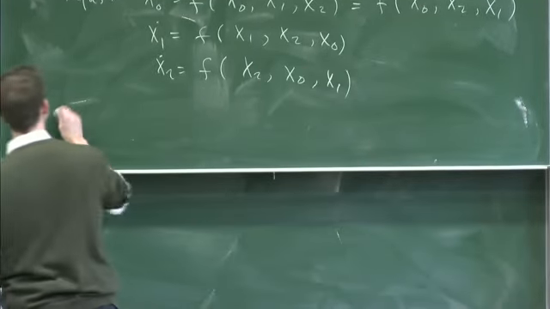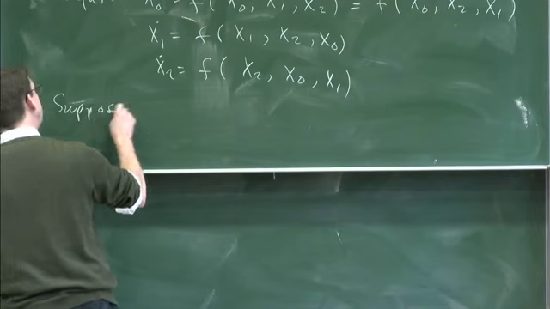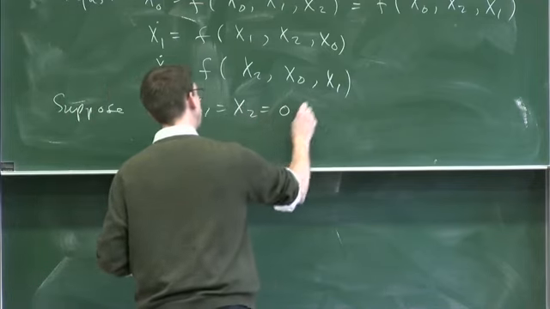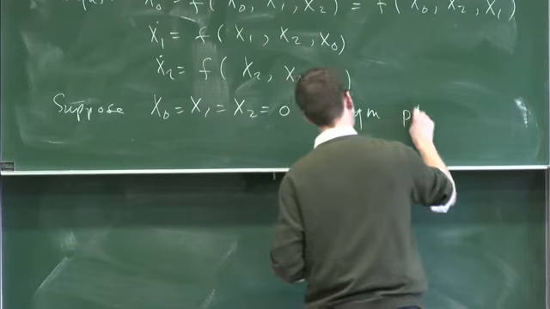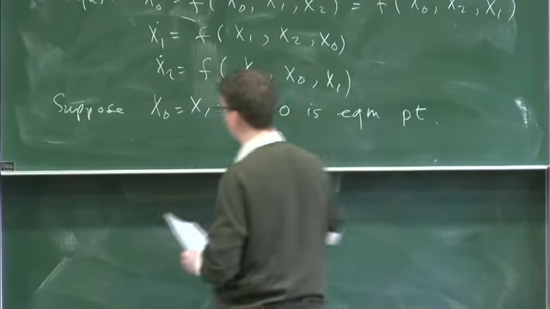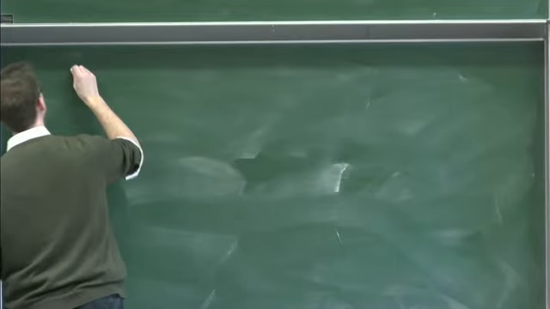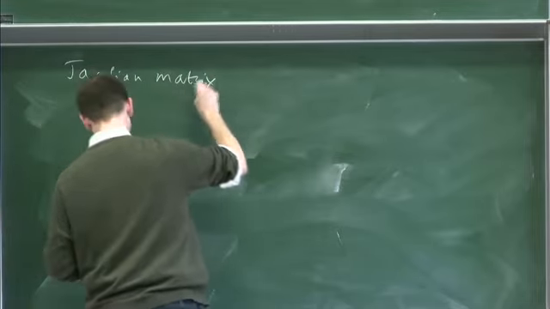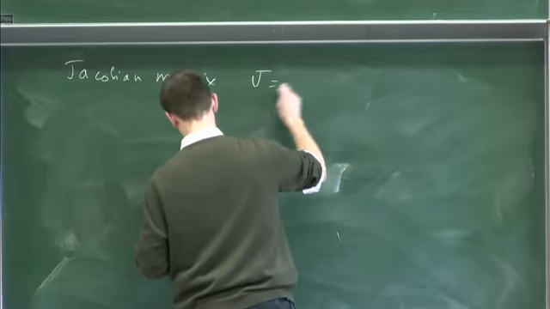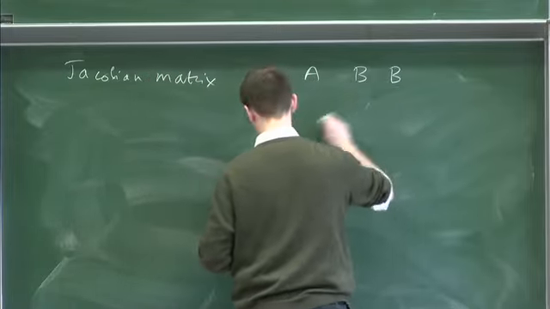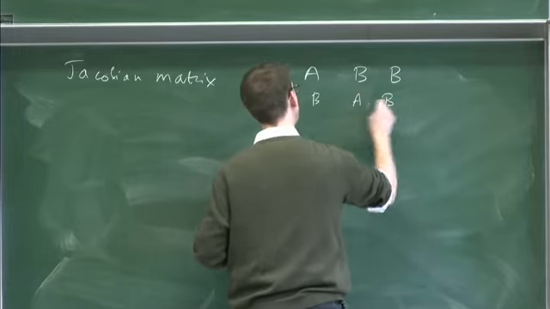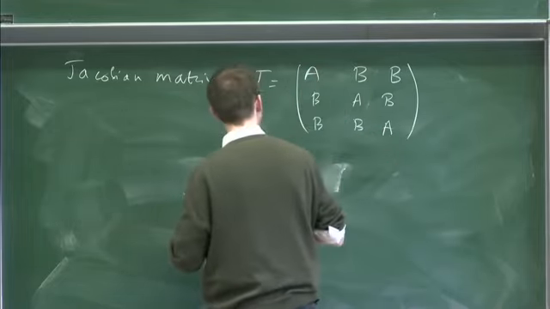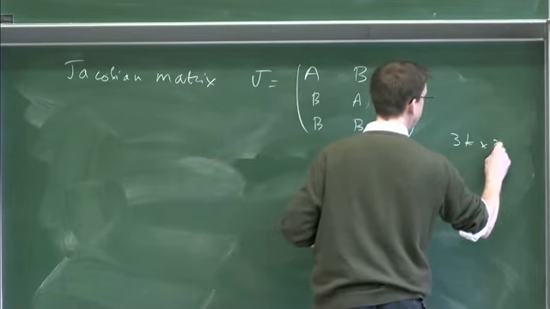And then, without loss of generality, let's put our basic equilibrium point at the origin. So x0, x1, x2 equals 0 is an equilibrium point. And then for stability, our Jacobian matrix is going to look like, in block diagonal terms, A B B, B A B, B B A. So this is going to be a 3K by 3K matrix.